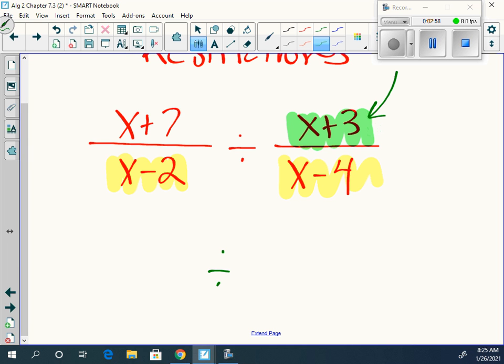Because -3 plus 3 is 0. So if this becomes 0, well here, -3 minus 4 would be -7, yes? Over here, -3 plus 7 would be 4. -3 minus 2, well, that would be -5, yes?